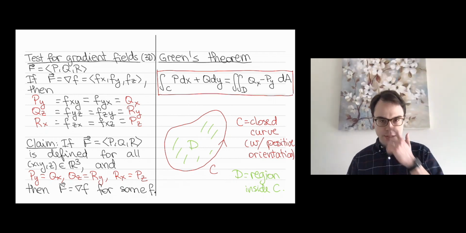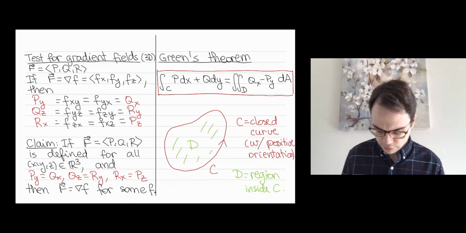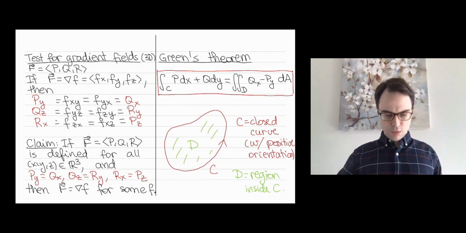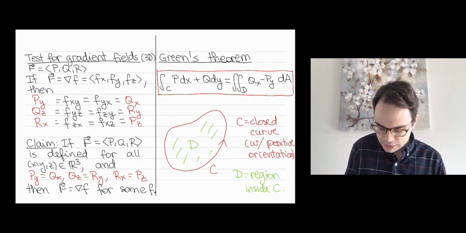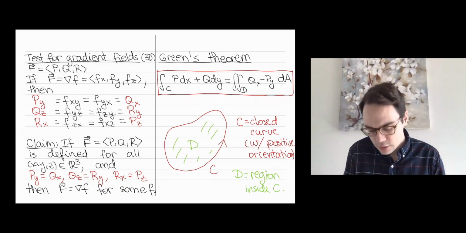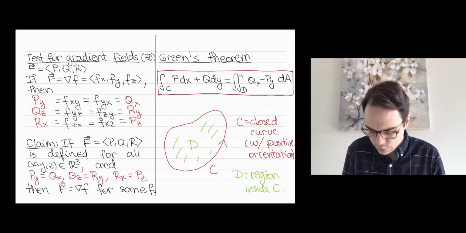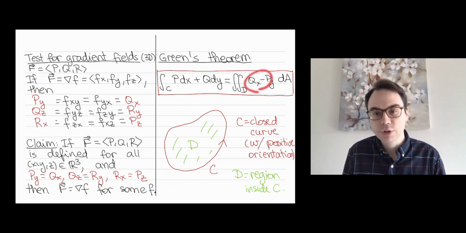So let's look at this again. Let's look at all the various things. Okay, so let's look at what this formula is saying. So we're doing a double integral. So on the right, we're doing a double integral over this region D, and we're integrating a function of x and y.